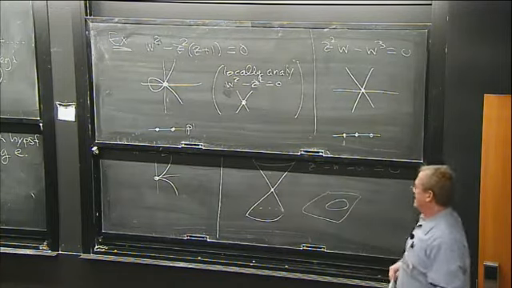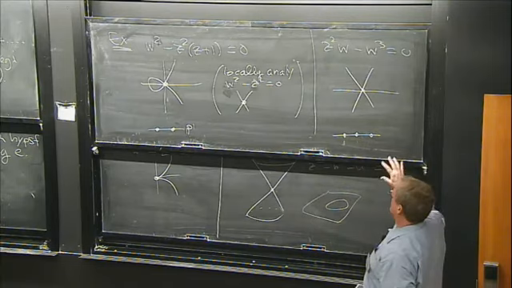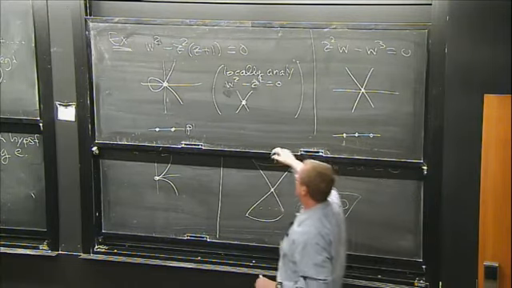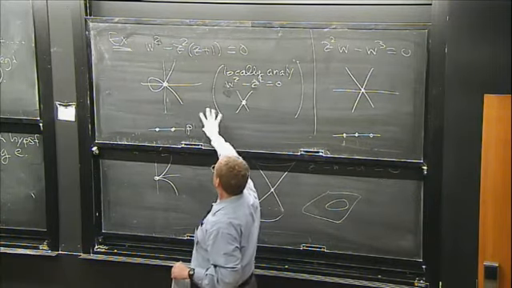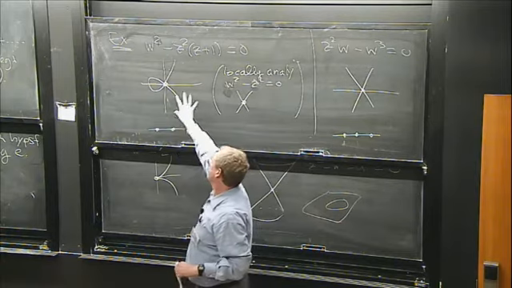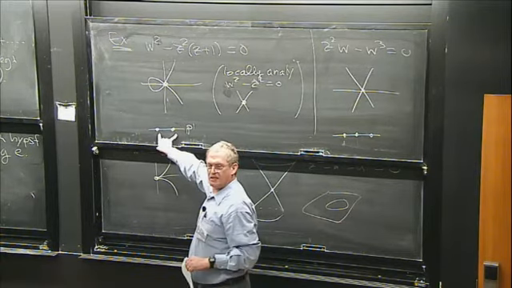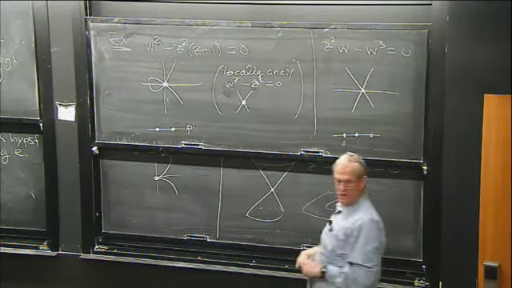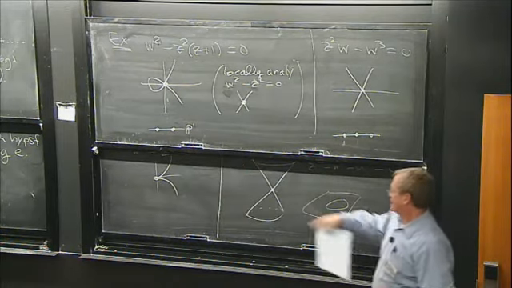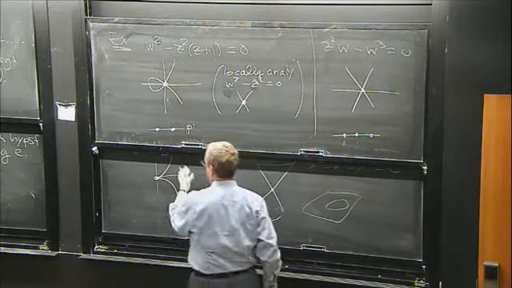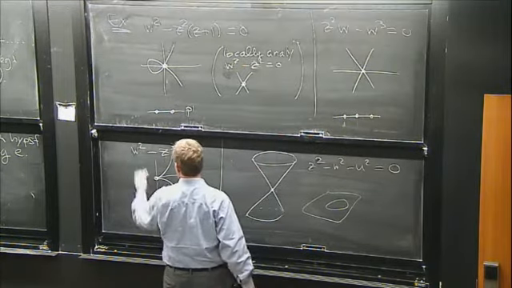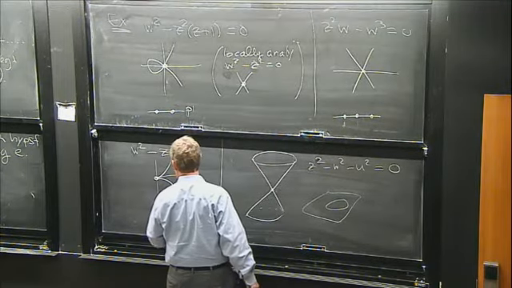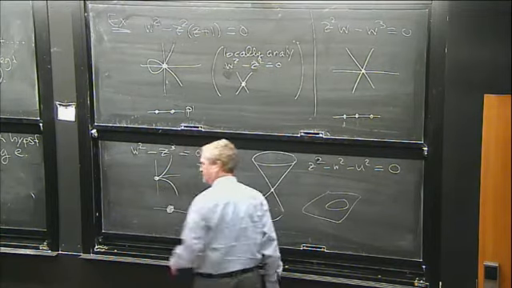What this is saying, in some vague, not precise sense, is that to the lowest order that appears, the singularity looks like a cone over a smooth hypersurface of dimension 1 less. On the other hand, what's happening with this cusp is that we're just looking at w squared equals 0. That's just 1 point, but with multiplicity 2.